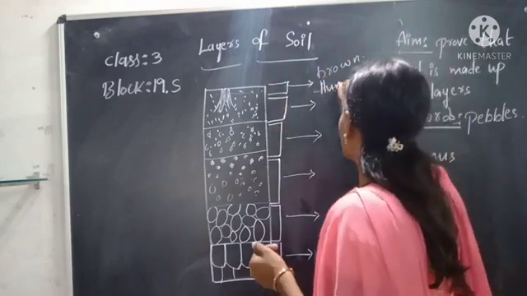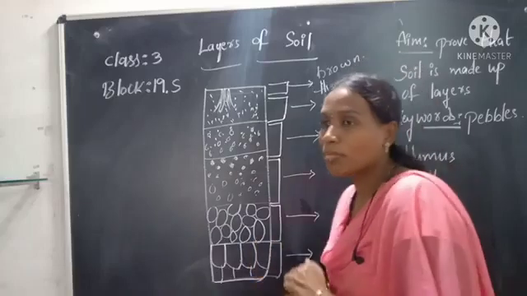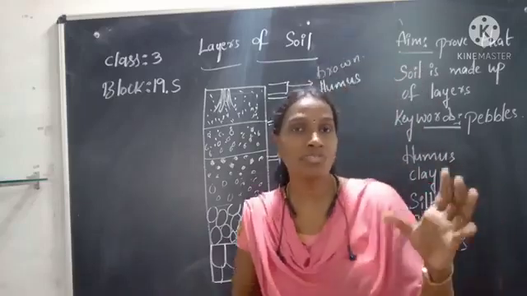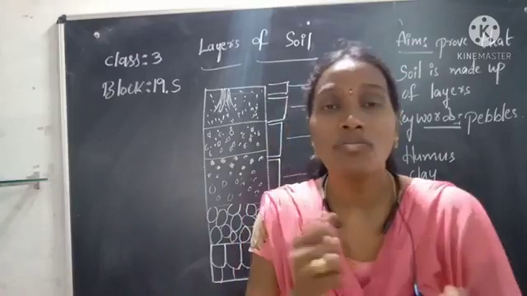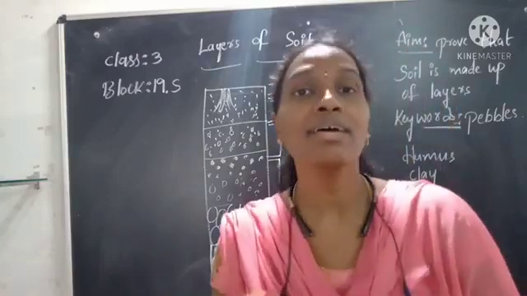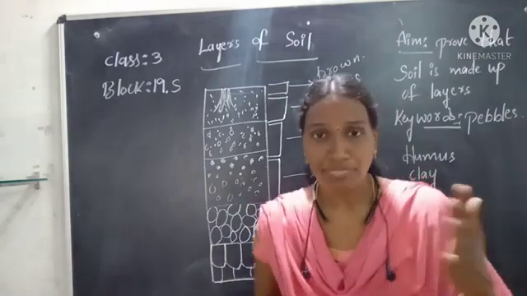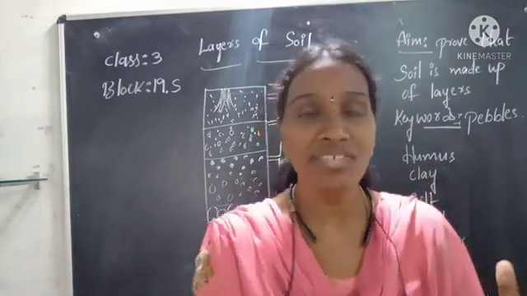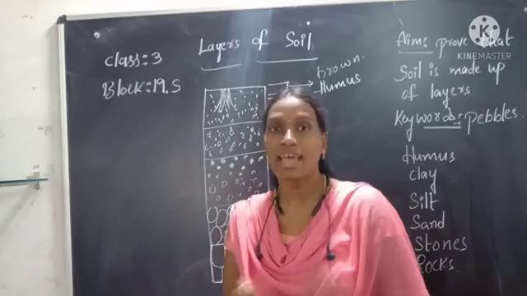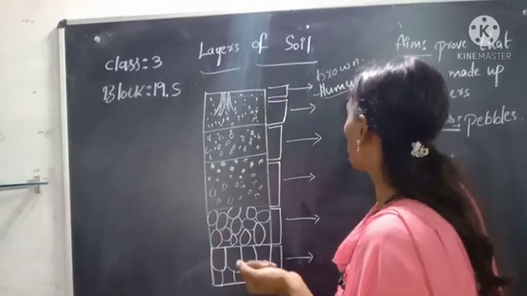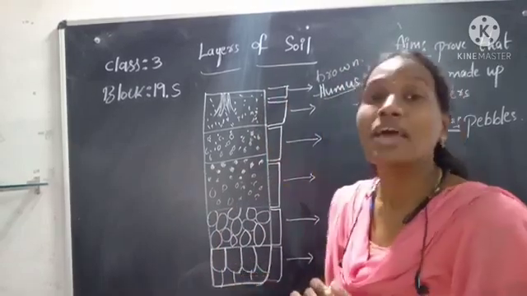It is formed by the decaying of dead animals and plants, even dry leaves. It contains the decay of fallen leaves and dead plants and animals. The first layer is humus.